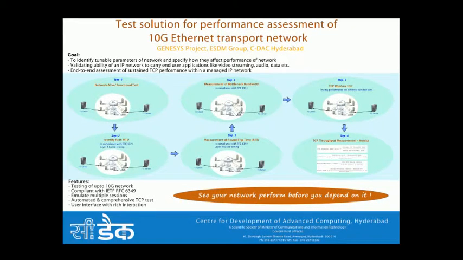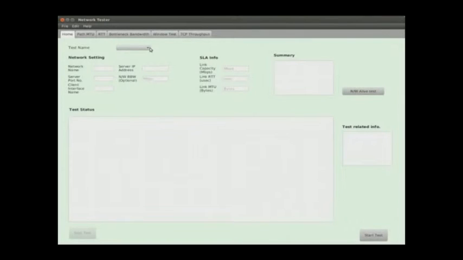Now, the first thing we have to do is provide some inputs to the GUI of the tool, like the server's IP address, port number, Ethernet interface name, and some SLA information provided by the network provider. So we'll provide this information in the GUI.